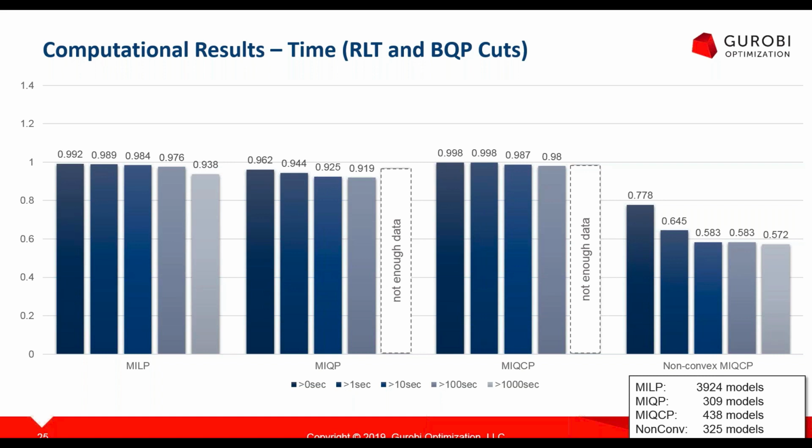So the dark blue bars on the very left for each problem class, those are all of the problems. So for MILP, you see this would be these 3,900 models. And if you go to the right in each category, then the problems get harder and harder. What we usually look at for speed up numbers is this larger equal 10 seconds or 100 seconds brackets.